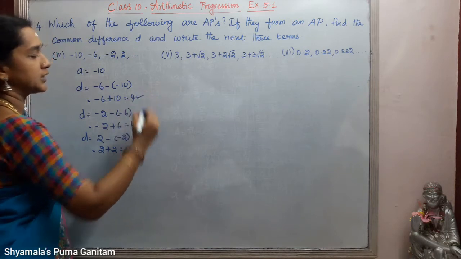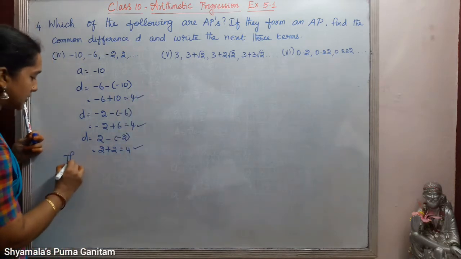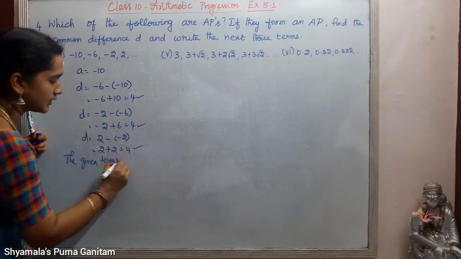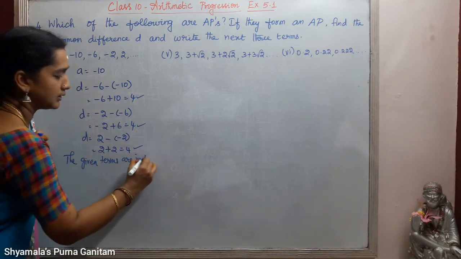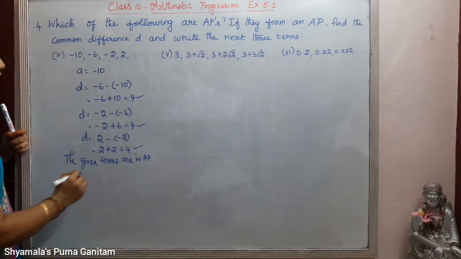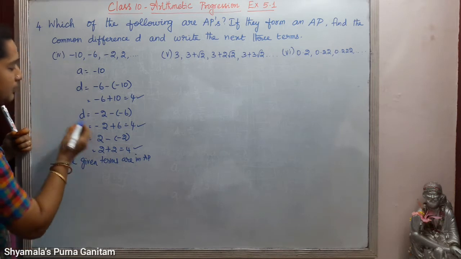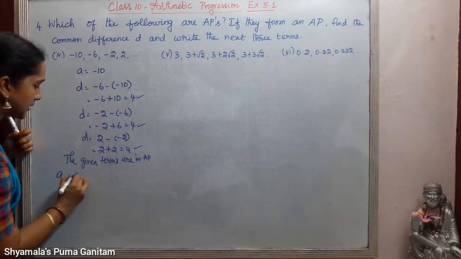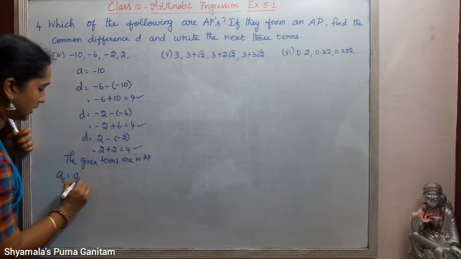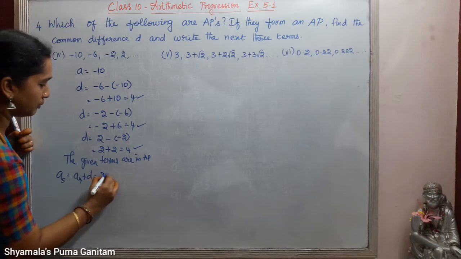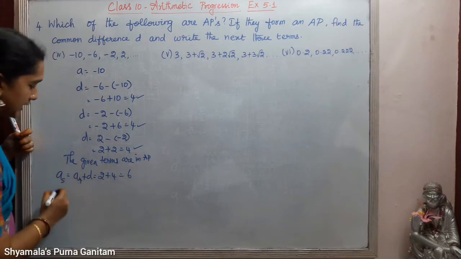So all the differences are the same here. So the given terms are in AP. Okay, so now we'll find the next terms. A5 is A4 plus D. So A4 is 2. 2 plus the difference 4, so we'll get 6.